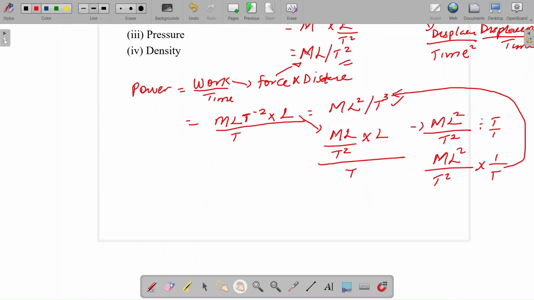For pressure, what is it? That is force, Newton per meter squared, force over area. So pressure is force over area, and your area is what?